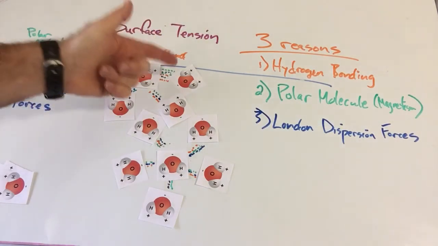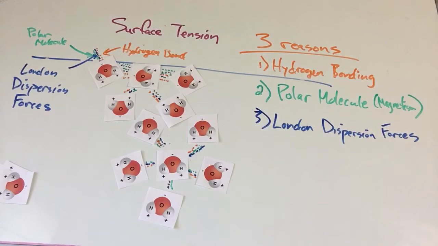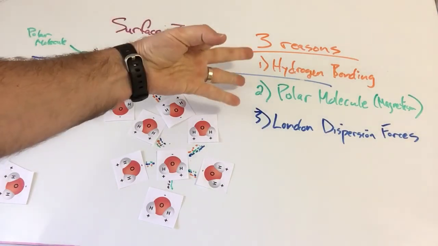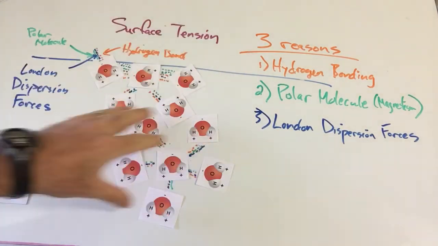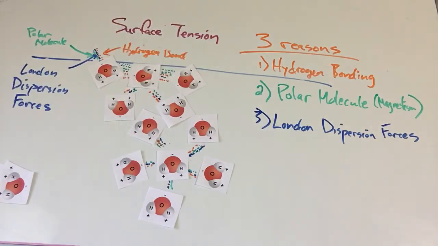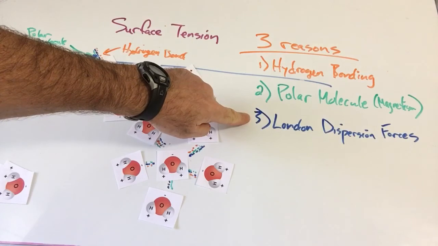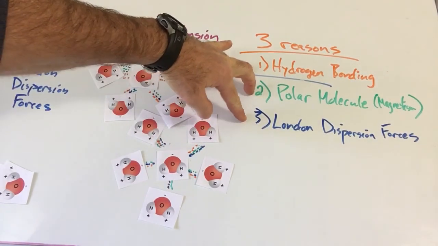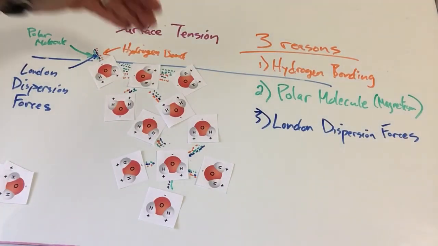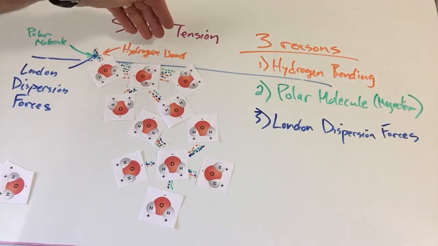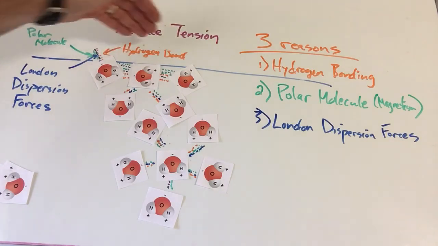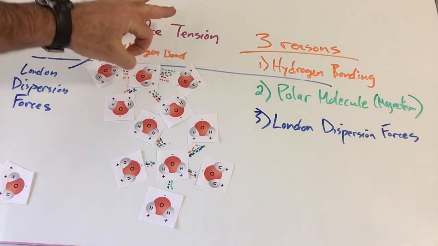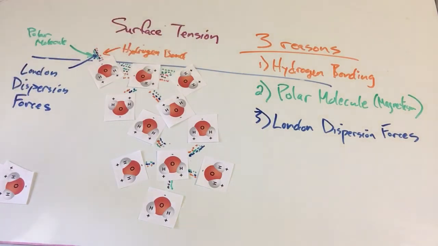So they double down or triple down sideways, and that's why water has huge surface tension, because it engages in 3 intermolecular bonds. It bonds with other water molecules 3 different ways, where most molecules only bond 1 or 2 different ways. Water triples down, gets all 3. And so at the top, it's not a single bond doubling down, but 3 bonds doubling down. So you get more and more tension at the surface.